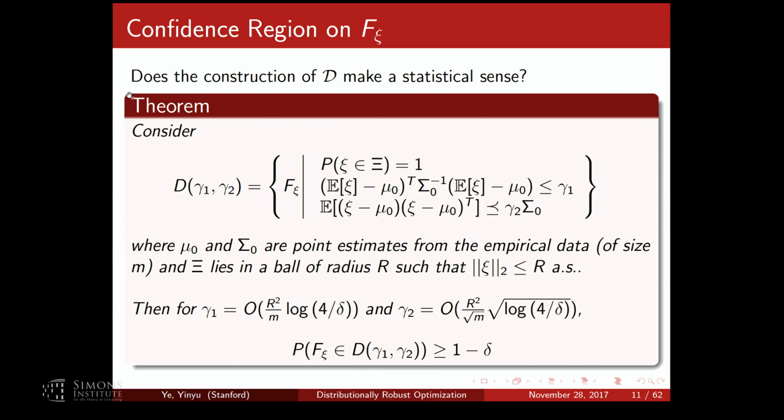So you can choose R1, R2, and then you can prove the true distribution is in this set, through concentration, with high probability. That's just standard. Basically, we extended the confidence intervals to matrix confidence intervals with these matrix inequalities. Okay, so that makes sense.